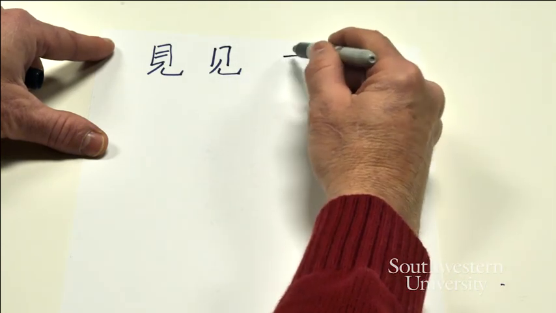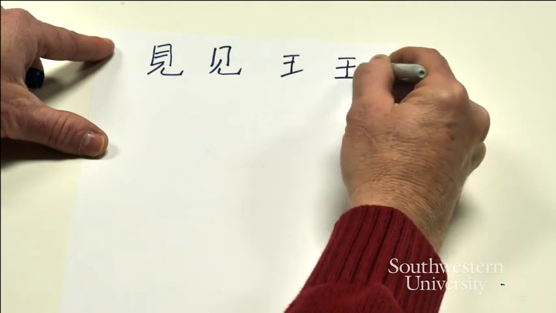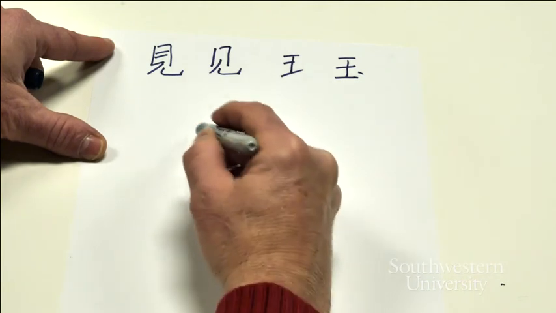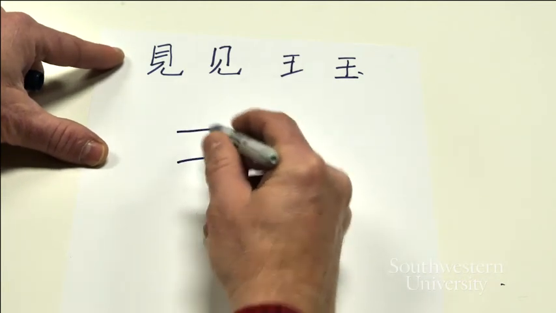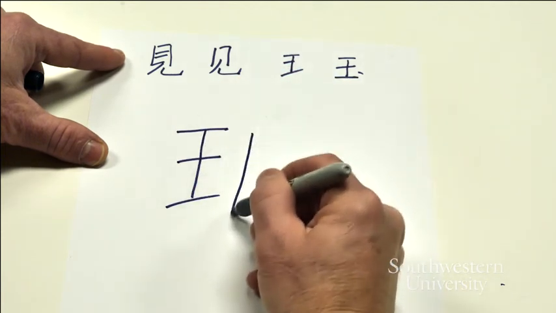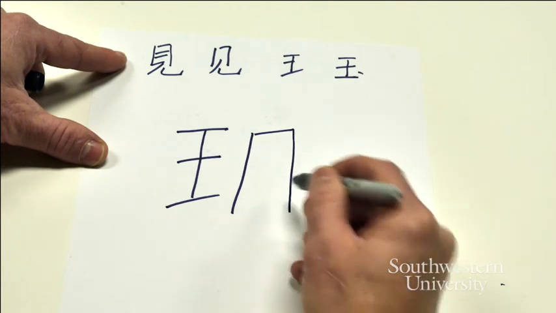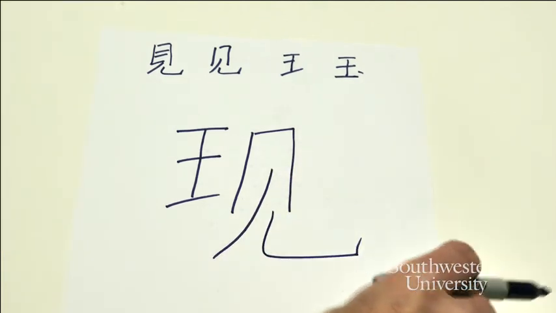So to indicate the difference, they added this component, which is the shortened form of jade. Xian, to appear before or at the moment, now.